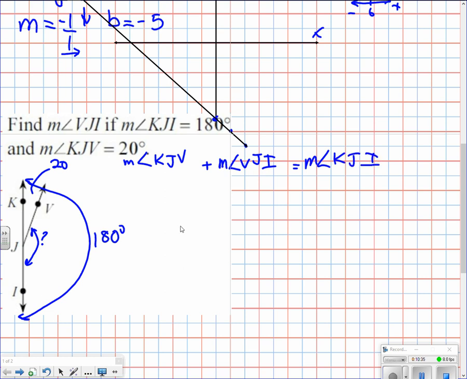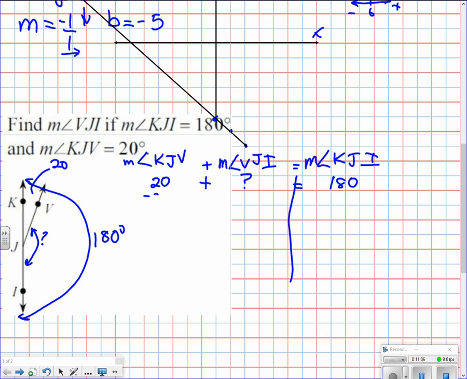Now substitute the values. KJB is 20. Measurement of BJI, we don't know. Let's call that question mark. And measurement of KJI is 180. Now, get the question mark by itself.